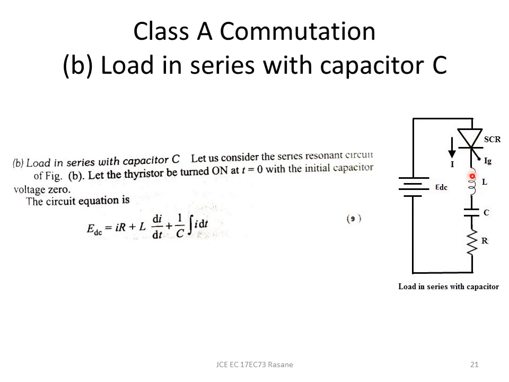So L into di by dt, plus the voltage across the capacitor, with the current flowing through it, 1 upon C integral of I of t dt, and the voltage across R, that is I into R. Using this basic equation, we can use Laplace transform the way we did and continue to evaluate I of t and V of t, using Laplace transform and inverse Laplace transform.